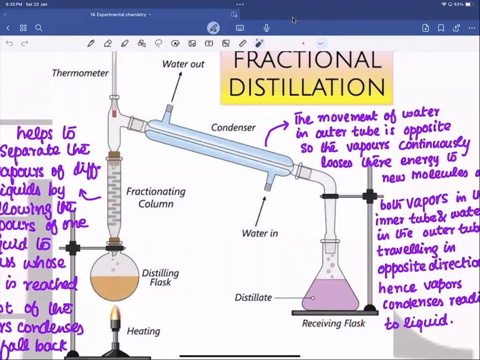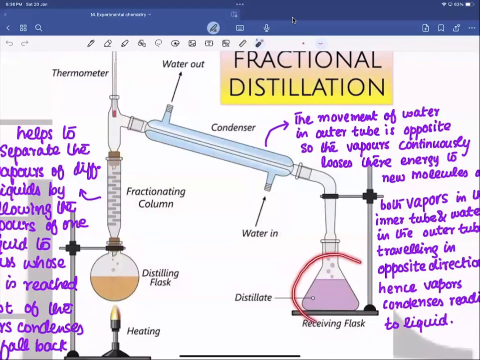For example, when the temperature reaches 78, we know there is ethanol. So all the ethanol starts boiling now because its boiling point is reached, and it starts collecting over here. So the temperature remains at 78 until all the ethanol has been removed from here.